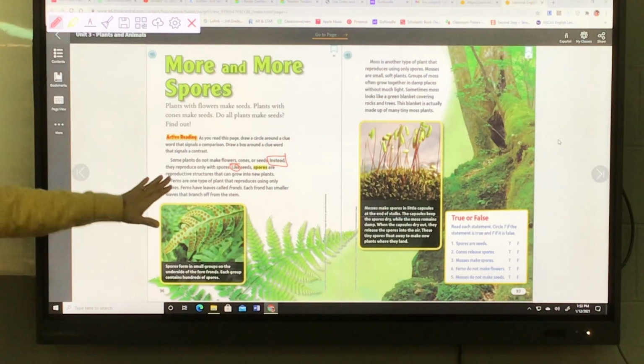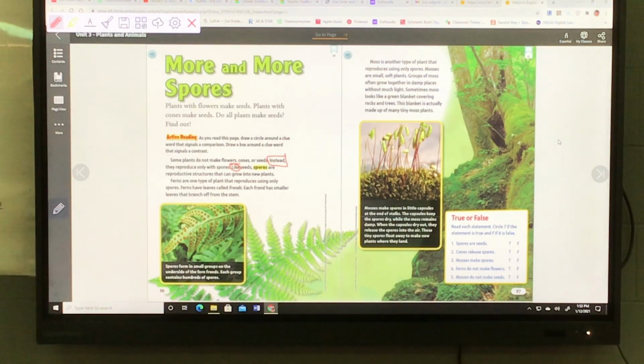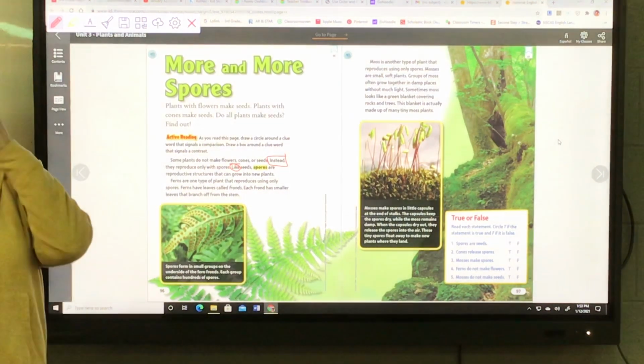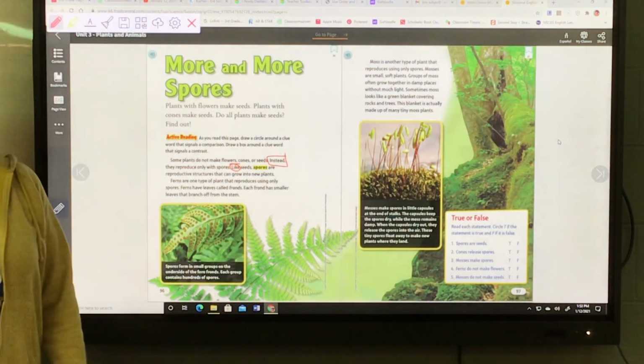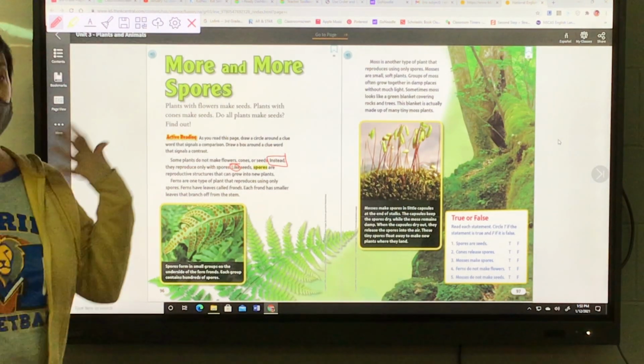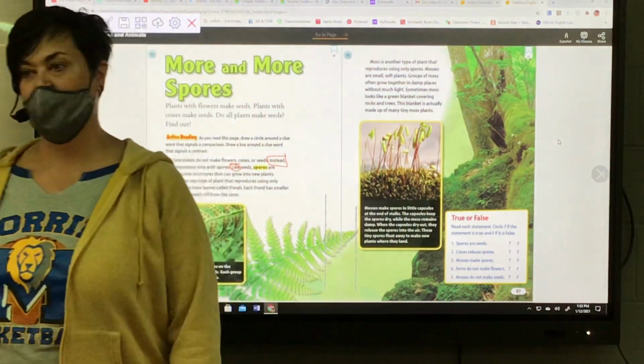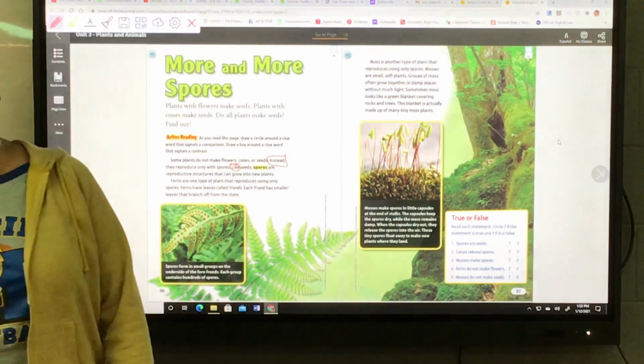All right, ferns are one type of plant that reproduces using only spores. Ferns have leaves called, look at that word, it's in italicized print. Do you see what I'm talking about? Those of you that are following along know exactly where we're at, right? Those of you that haven't been following along have no idea where we are.